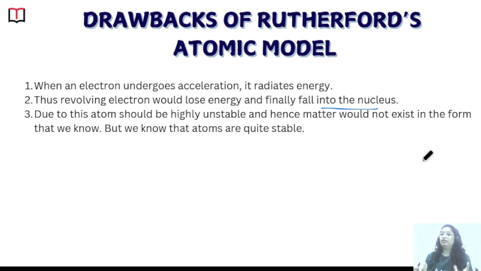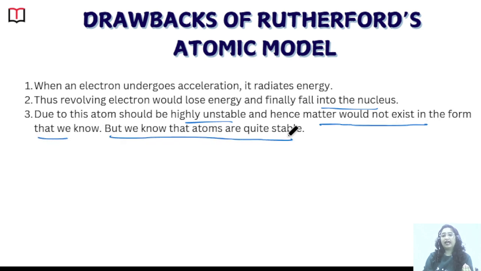There are so many different types of matter which are existing in nature. We know that. So Rutherford could not explain how this is happening. Due to this the atom should be highly unstable, hence matter would not exist in the form that we know. But we know that atoms are quite stable. Atoms are stable. That's why matter exists, right? Otherwise, what would happen? No matter would have existed.